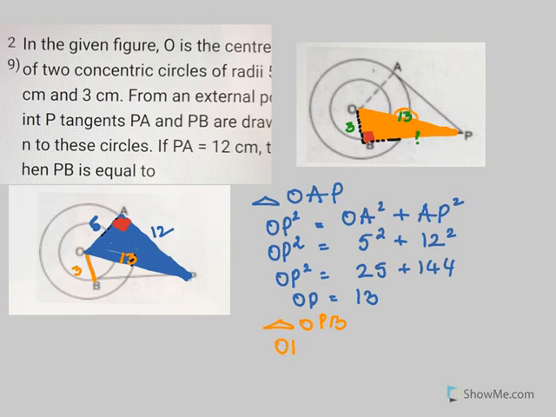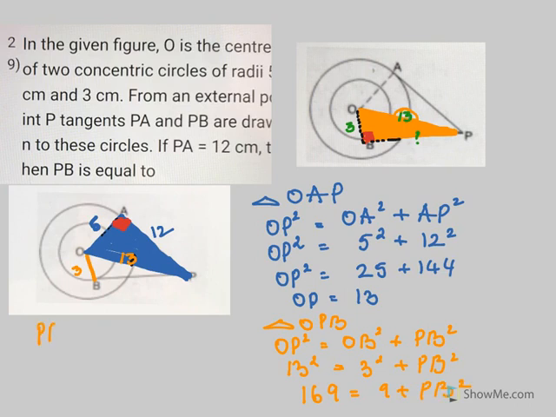So we have OP square equals OB square plus PB square. So 13 square will be equal to OB square, which is 3 square, plus PB square. So 169 equals 9 plus PB square.